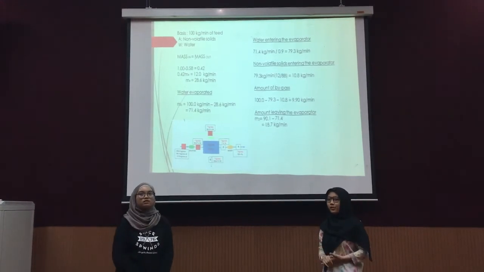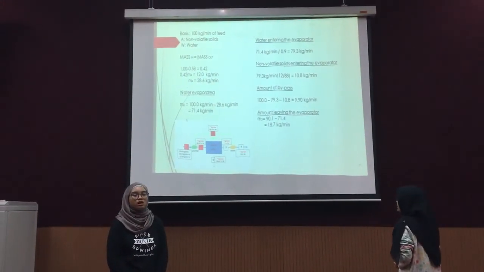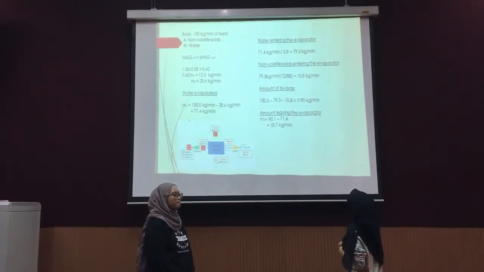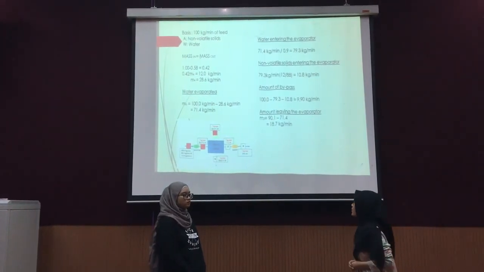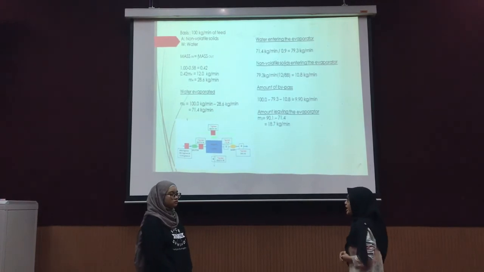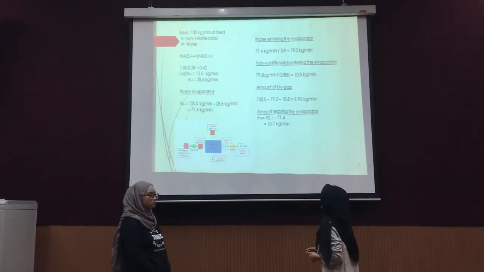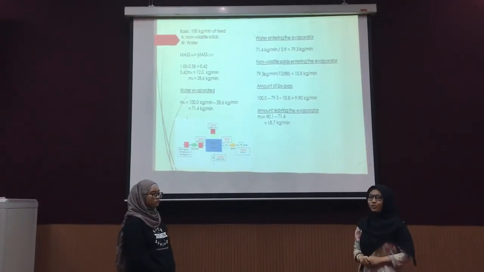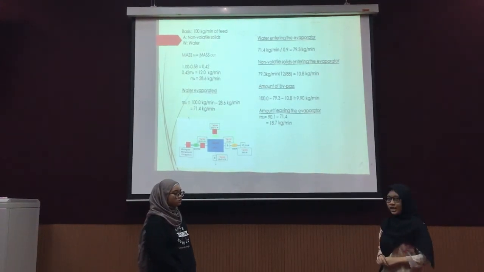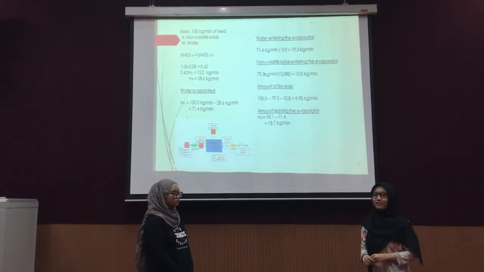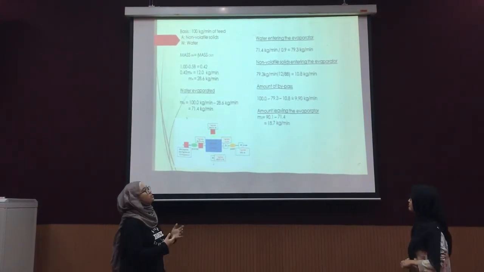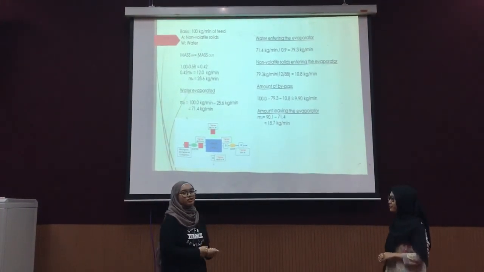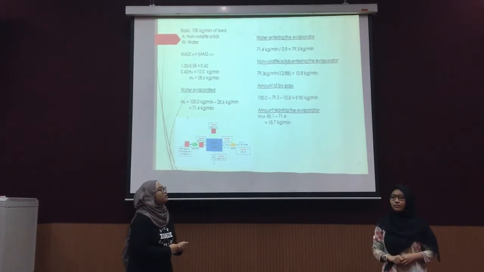Next, to calculate the non-volatile solid entering the evaporator, we need to multiply the mass flow rate of water entering the evaporator by the ratio of A to W, which is 12/88. So we get the answer, 10.8 kg per minute. Now, we have found the amount of water entering the evaporator and the amount of non-volatile solid that enters the evaporator.